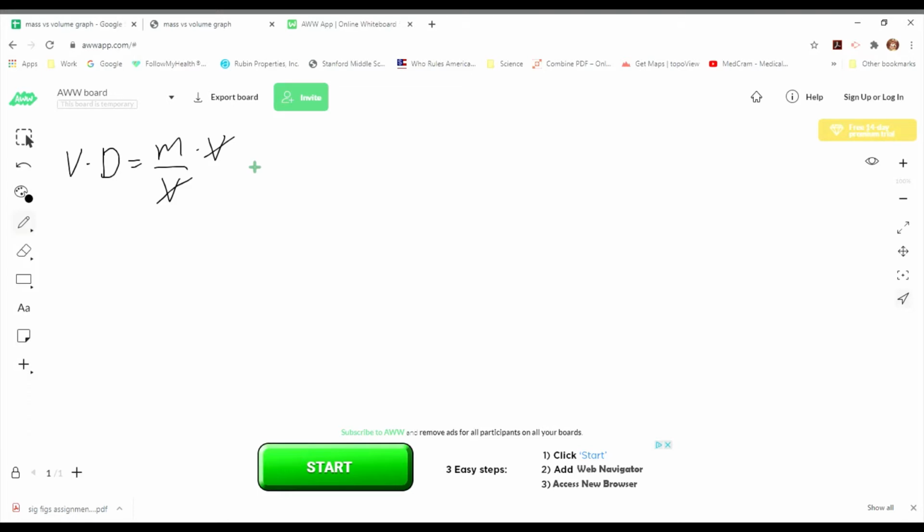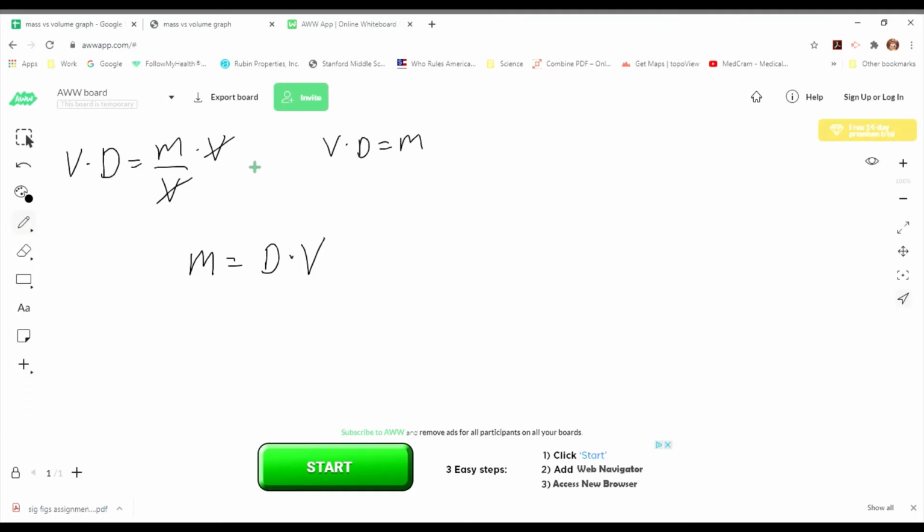Then I get V times D is equal to M. I'm just going to flip it around and write it as M equals D times V. So I rearrange the V and the D, because if they're multiplied together, you can just rearrange them. 3 times 2 and 2 times 3 are the same thing. I put M on the left side, D times V on the right side.